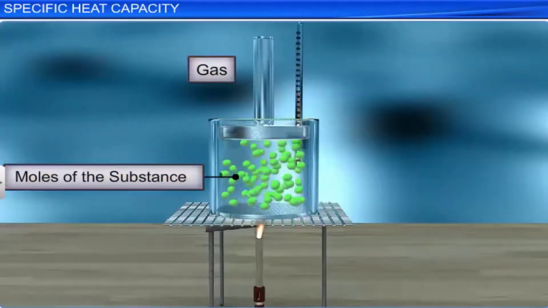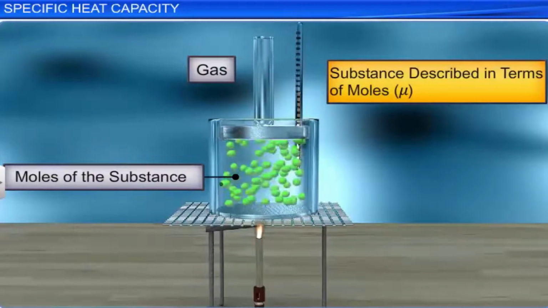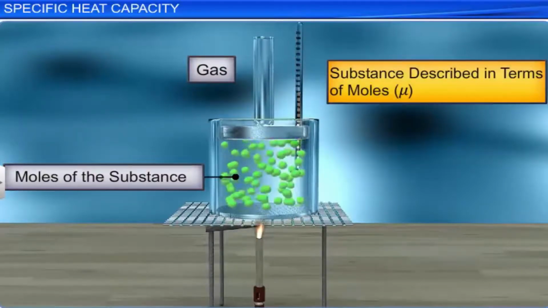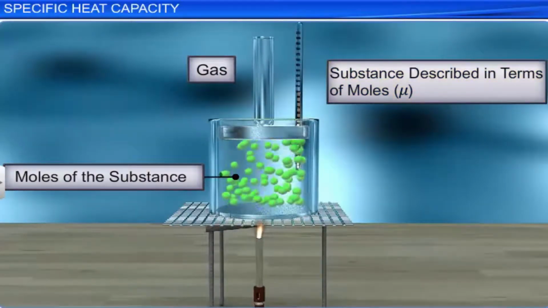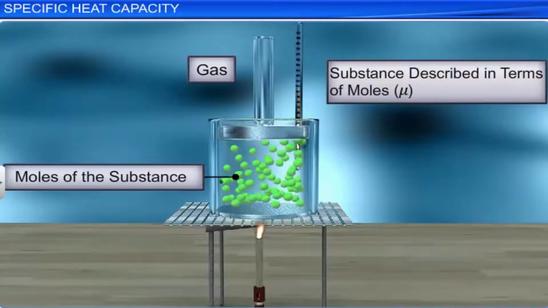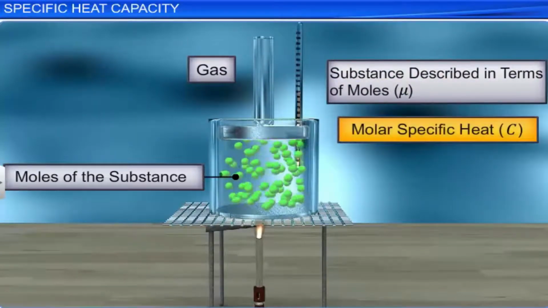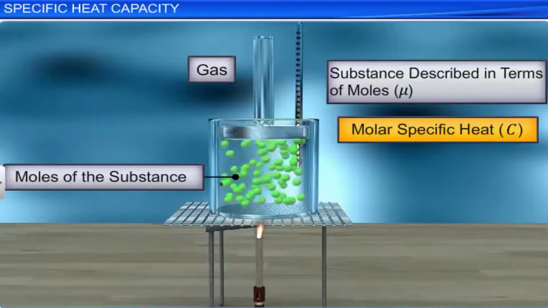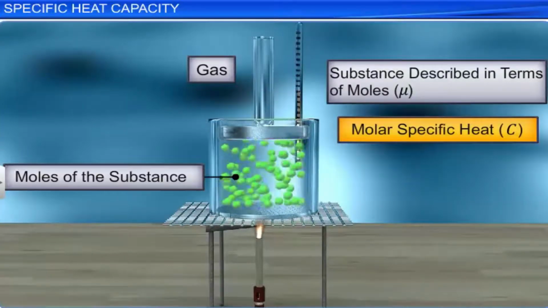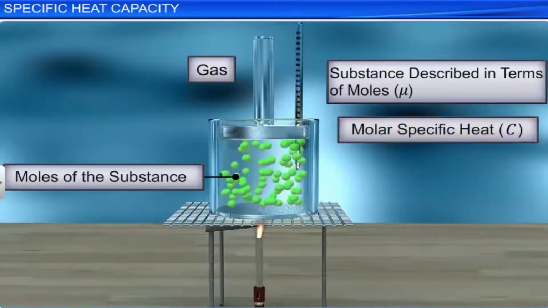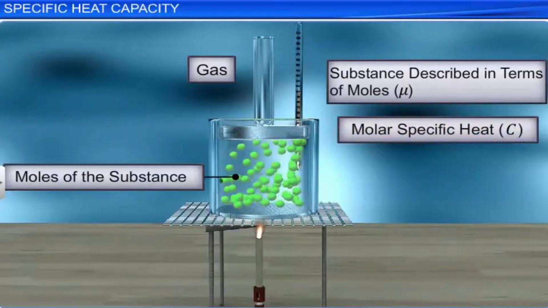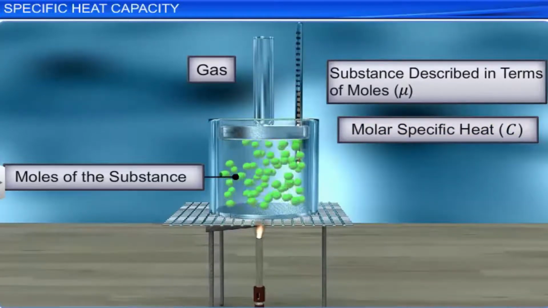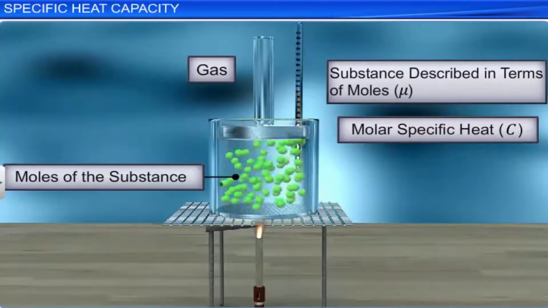When a given substance is expressed in moles, its specific heat capacity is known as molar specific heat capacity and is represented by C. The molar specific heat capacity of a substance is defined as heat capacity per mole of the substance.